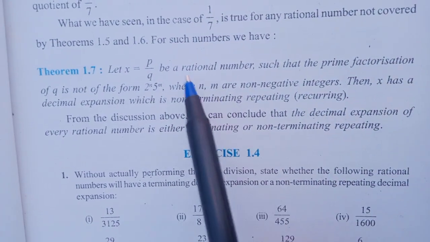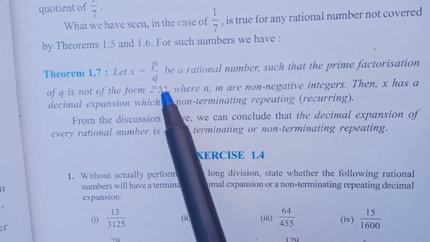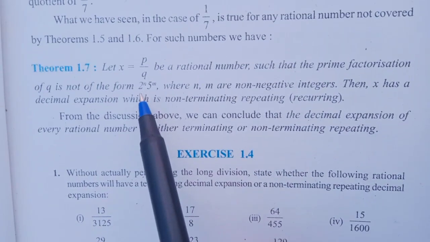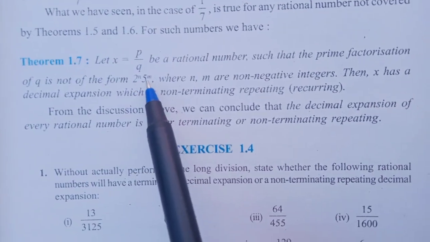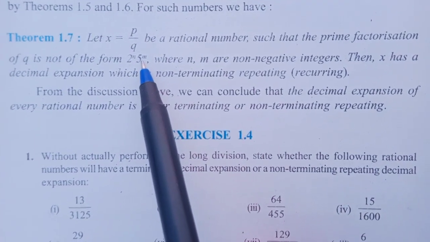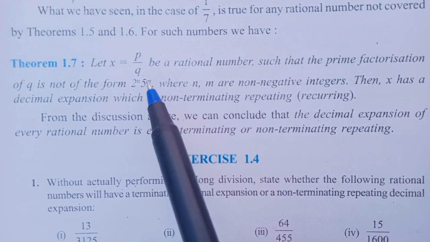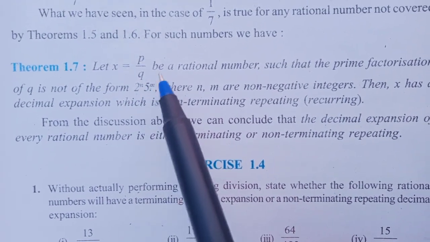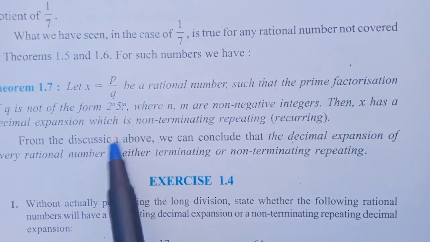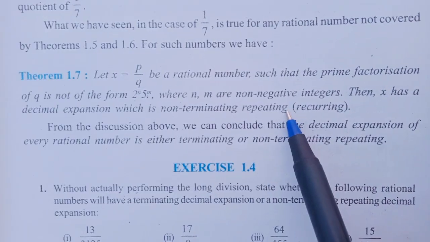So if in the prime factorization of the denominator there are prime factors only 2, or only 5, or 2 and 5 only, then it will be terminating. If there is any other factor except 2 and 5, then its decimal expansion will be non-terminating, repeating.